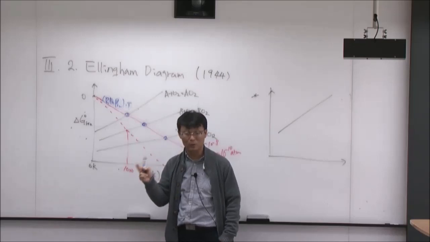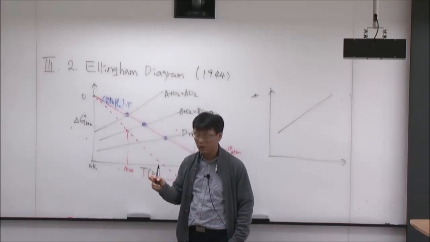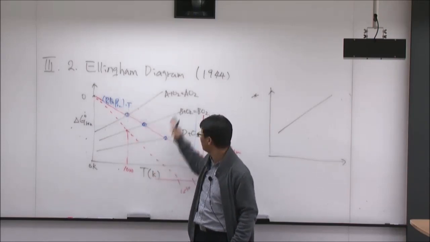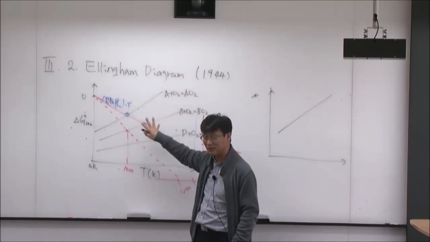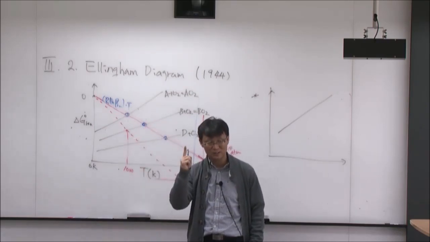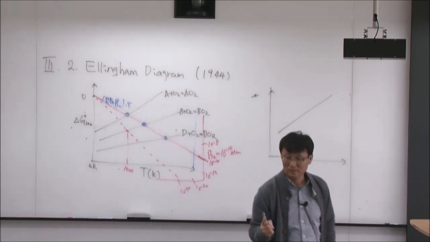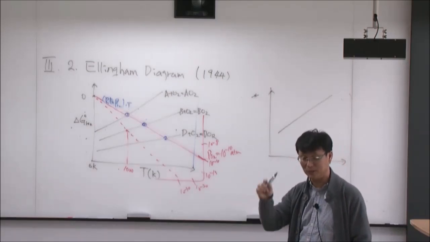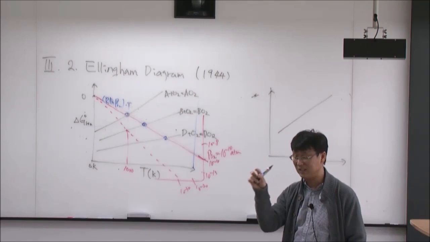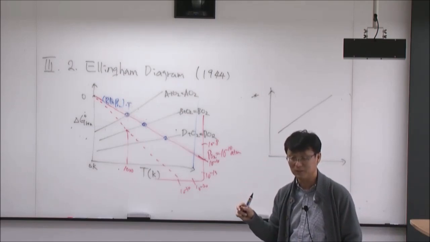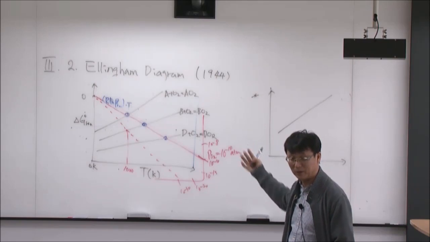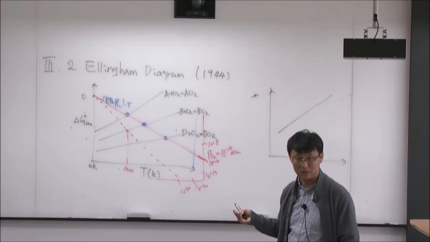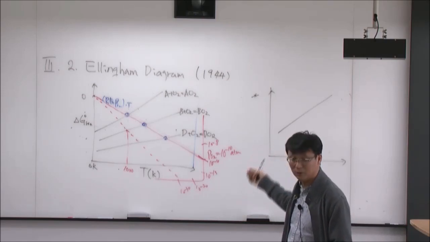So it means you need 1 mole of oxygen. Or everything should be half a mole of oxygen. So all these chemical reactions you are plotting in the Ellingham diagram should have exactly the same amount of oxygen, either 1 mole or half a mole or 2 moles if you like. But everything should be based on exactly the same number of moles of oxygen. Otherwise the graphs cannot be compared with each other. The chemical reactions cannot be compared with a different amount of oxygen.